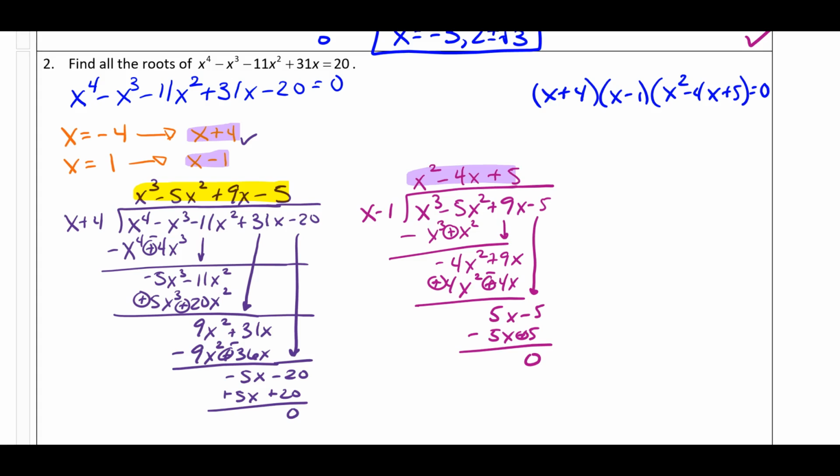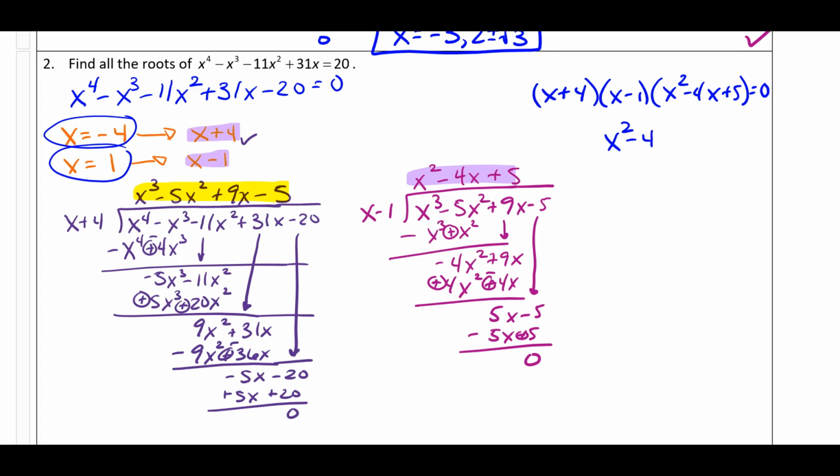If we were to multiply all this back, we would again get that original polynomial if you wanted to double check. Now, I don't need to solve x plus 4 and x minus 1. I already know the answers: -4 and +1. The only thing I need to worry about is solving that quadratic. So that's what we're going to do.